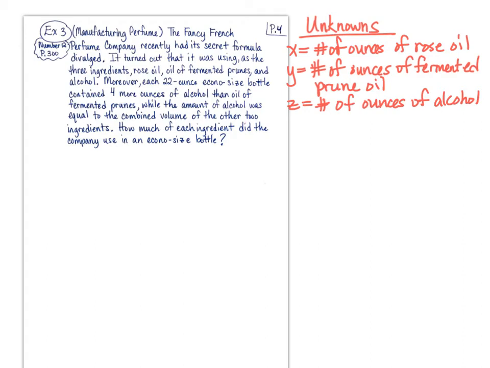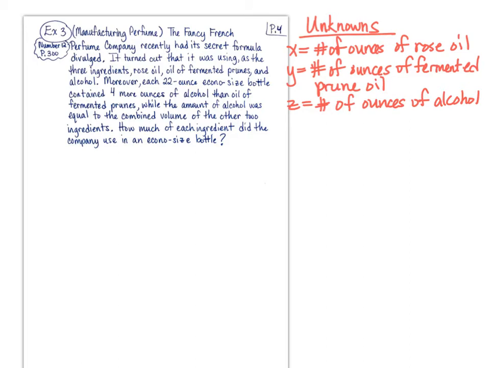So it seems like here we can take 2 equations, right? But then the question is, what is the other equation? The other equation would just be the total. To figure out the total amount in the bottle, you just need to add X, Y, and Z, right? Are you with me? Yeah. Okay, so that's going to give us one equation.